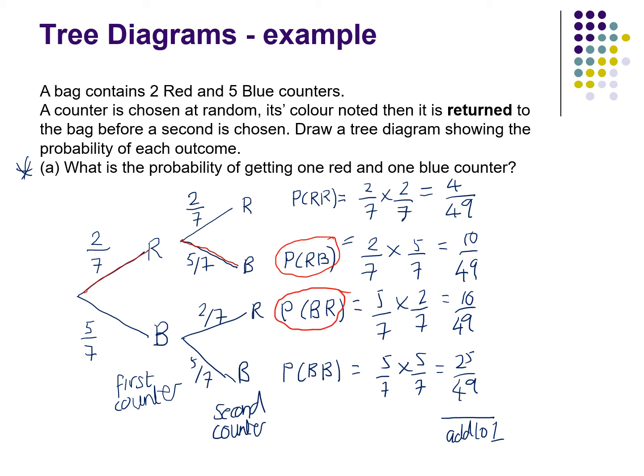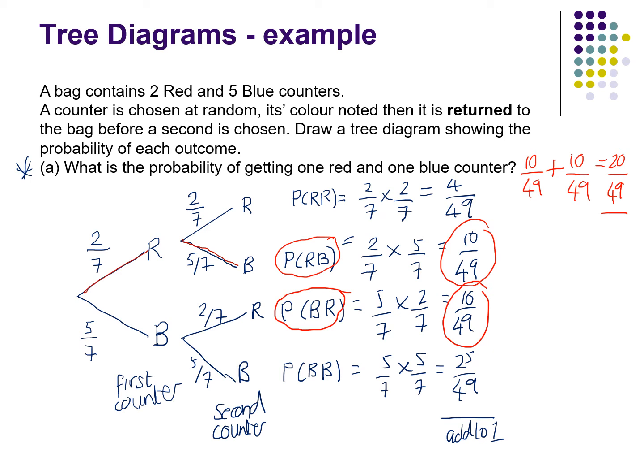Either of those are fine, so we take that probability and add it to this one, because remember it's a probability of red blue or blue red. I add them together and I get 20/49. If that does cancel down, then cancel it down, but that one actually doesn't.